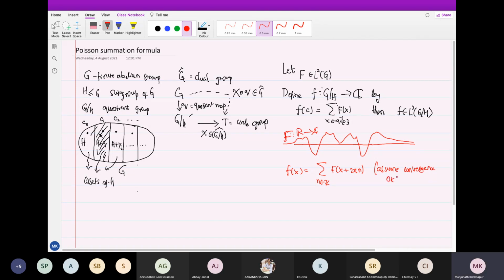Which is okay if F is in L1 of R. If it is integrable, then it is fine. But don't worry about that. Think of a function with a fast decay like a Gaussian. You can make a periodic function out of it by summing over all the translates of it. So then this becomes a 2 pi periodic function.